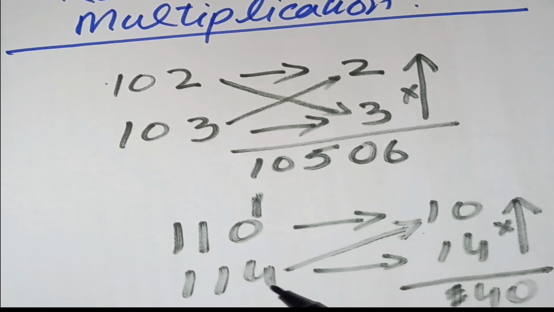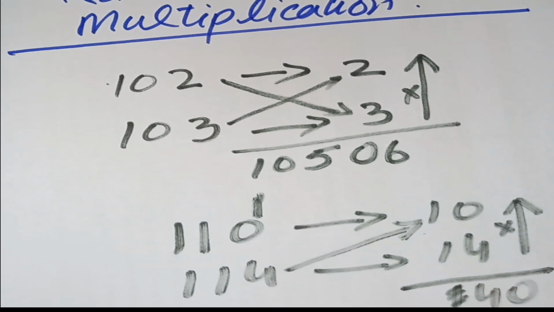So 114 plus 10 is 124, plus 1 is 125. So this is the answer.